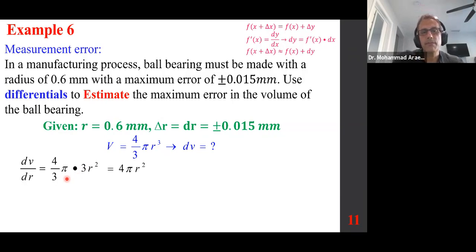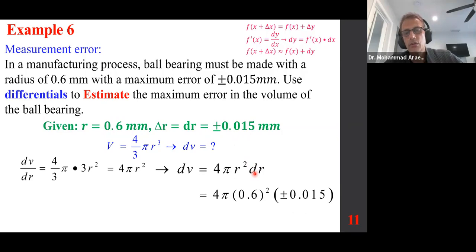Therefore, dv becomes the same thing times dr. And practically you're done. What is r? 0.6. What is dr or delta r? Plus or minus 0.015. So you plug in.